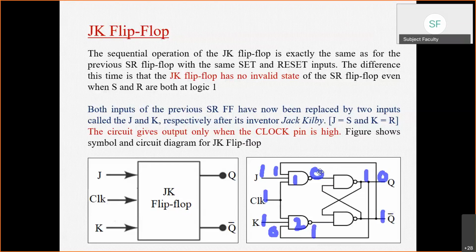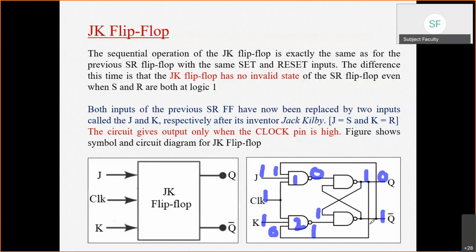Now observe, initially what have we assumed? We assumed that initially the value of Q is 0. But now the value of Q has become 1. Similarly, this 1 is connected to here. So now the inputs to this NAND gate become 1, 1.